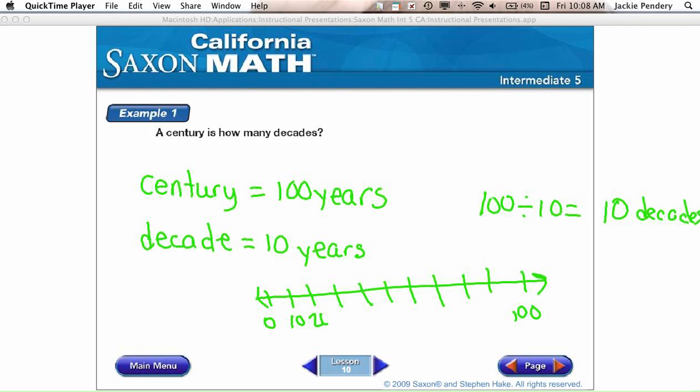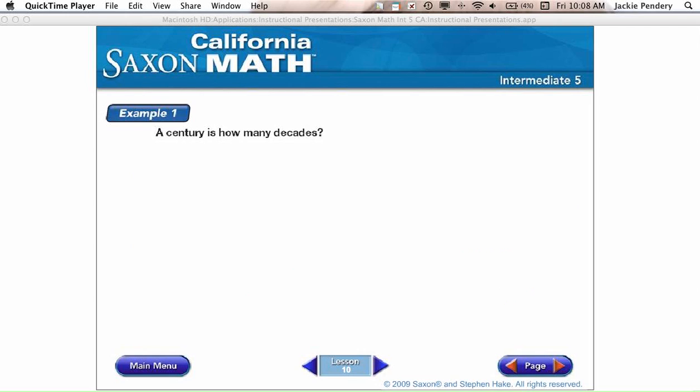If I count my unit segments, I have 1, 2, 3, 4, 5, 6, 7, 8, 9, 10 unit segments. And in this, each unit segment counts as a decade. So there are 10 decades in one century. Okay, let's move on to example 2.